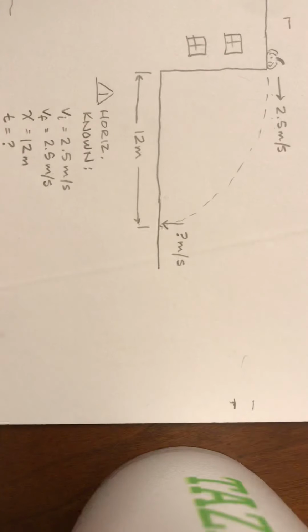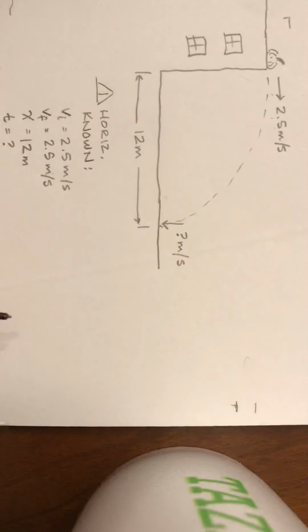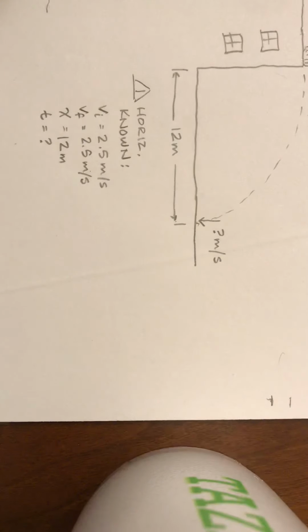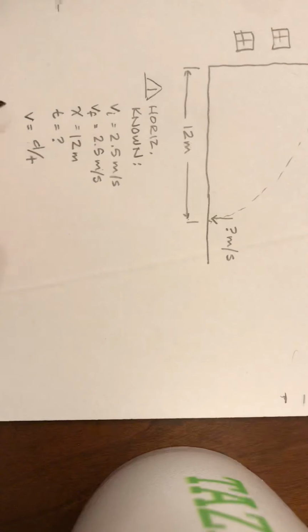We really don't need any of the equations that are on our sheet because we know that, I'm going to scoot this up a little bit, except the cat's sitting on it. There we go. We know that velocity equals distance divided by time, right? So in this case, we've got velocity, 2.5. Distance, we've got this, 12. Divided by time is what we're looking for.